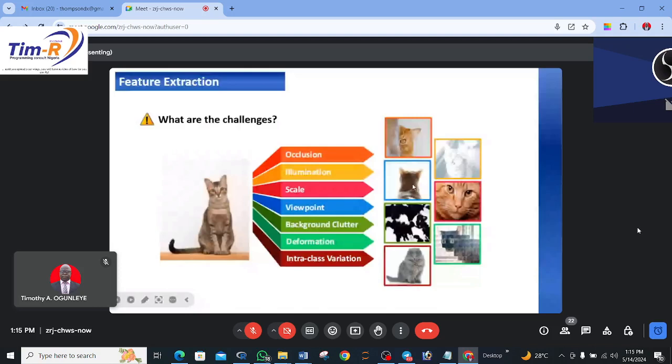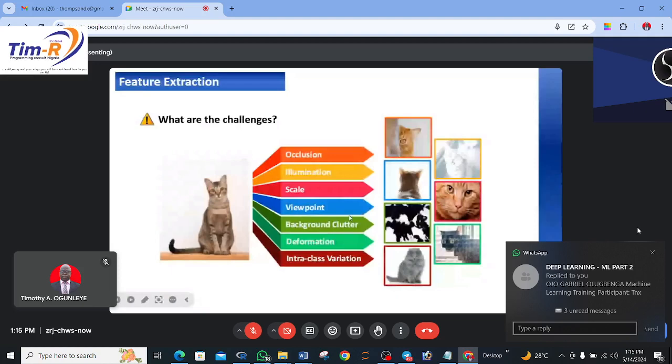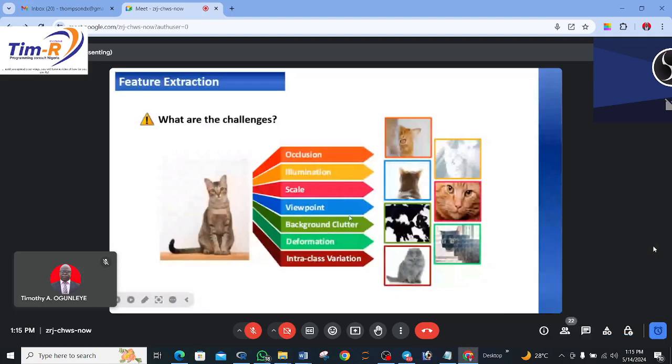Another one is the background clutter. The background clutter is something that is at the background, and that can also affect feature extraction.